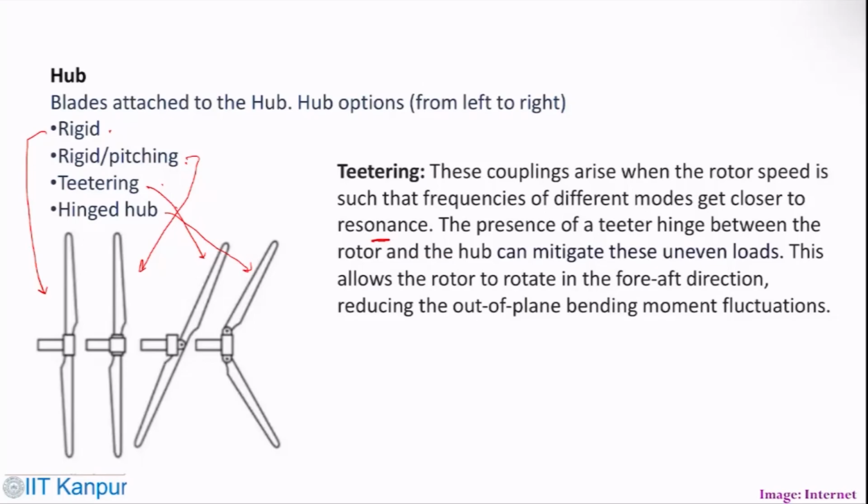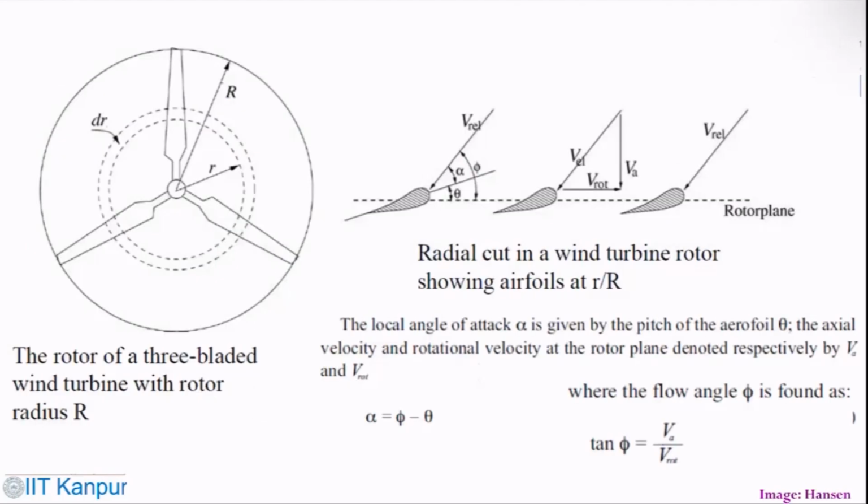Here is a picture of the three-bladed wind turbine with rotor of radius r. It shows how it is connected with the hub, and this is the complete rotor radius r. This also shows the local angle and the relative wind velocity.